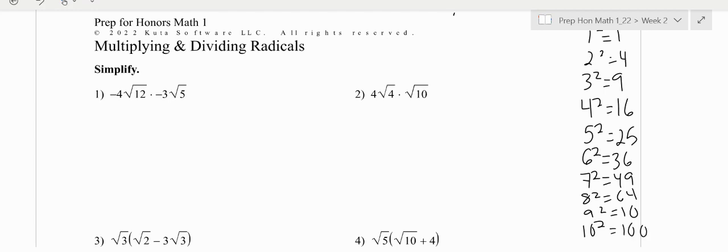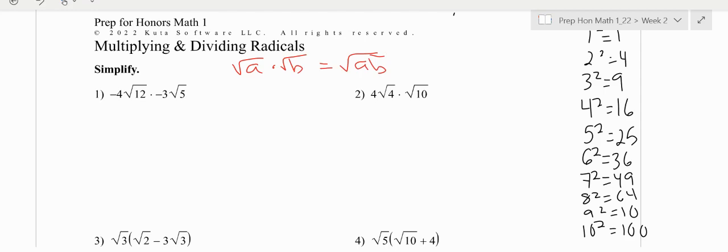Okay, so for this one, we're going to be using what's called the product rule, right? What the product rule says is that if you're multiplying two radicals, like let's say A and B, you can put them under the same radical, right? It's very similar to the property we did in the last video where we were breaking it up. We can put it together.